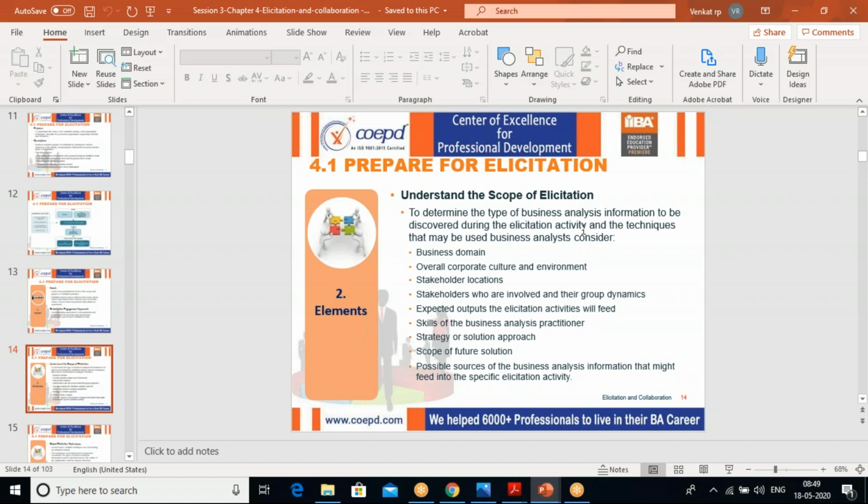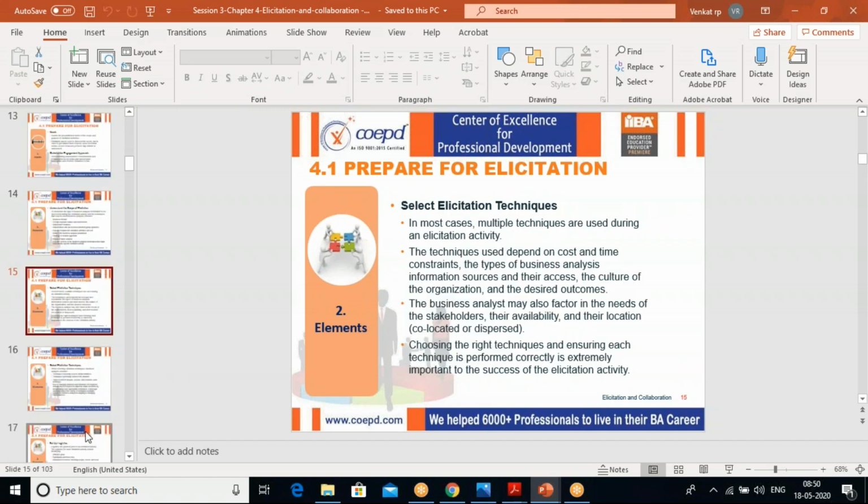If the business analyst is more skilled, he can do it quickly and understand the requirements. Suppose he is a beginner, he struggles to get information and to understand what the stakeholder says. So we need to understand the skill set of the business analysis practitioner, the solution approach, and the scope of the future solution. We have to consider all these parameters before we start our elicitation.